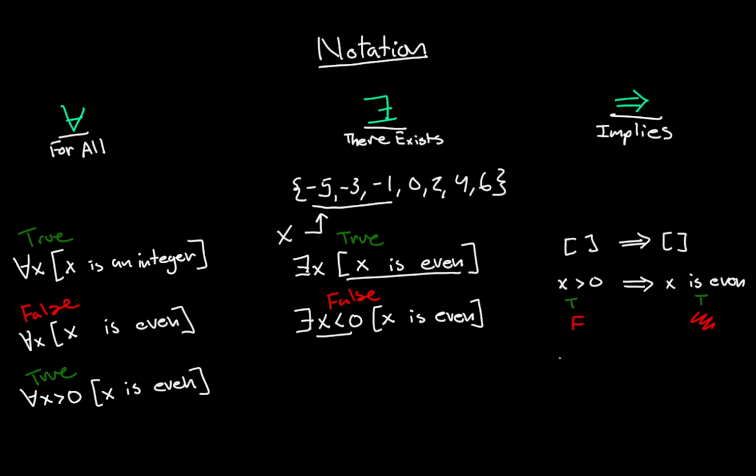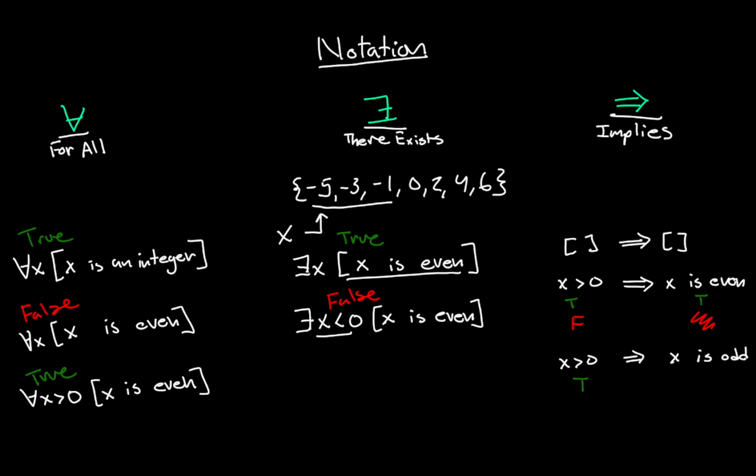A case where this will be false is, let's say we had x is greater than 0, and we're saying that it implies that x is odd. We can see that this is false. Let's say x is greater than 0 is true, so we're looking at all the values up here, and then we're saying that means x is odd, but we can see that these values aren't odd.